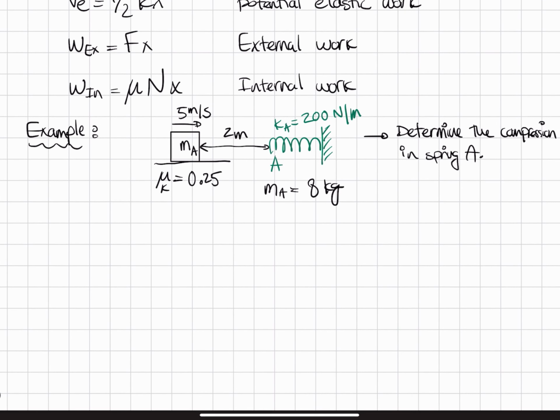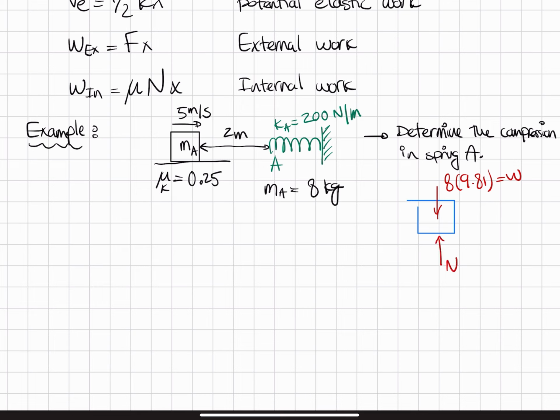So what I want to do now is I always want to start off with a free body diagram. So here goes my free body diagram. I have the gravitational components of the force. So we have 8 kilograms times 9.81. That's W. We are going to have a normal force that's applied.